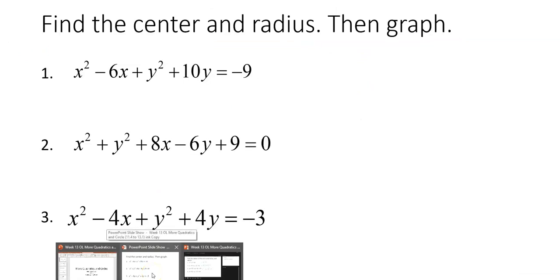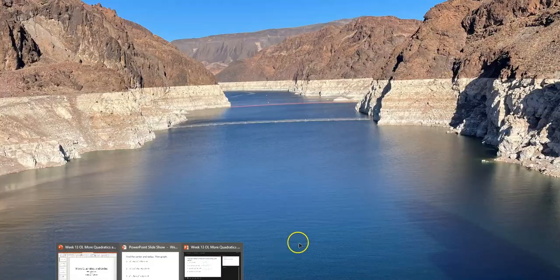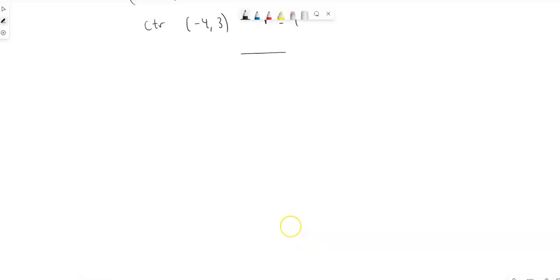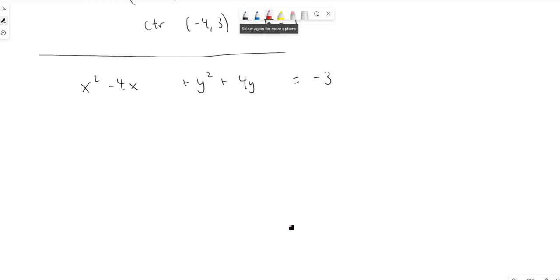All right, are you ready for the last example of intermediate algebra? Look at it down the bottom: x squared minus 4x, y squared plus 4y equals negative 3. x squared minus 4x, I'm going to leave a space, plus y squared plus 4y equals negative 3. So complete the square again, right? Half of negative 4 is negative 2. Square negative 2, I get 4.